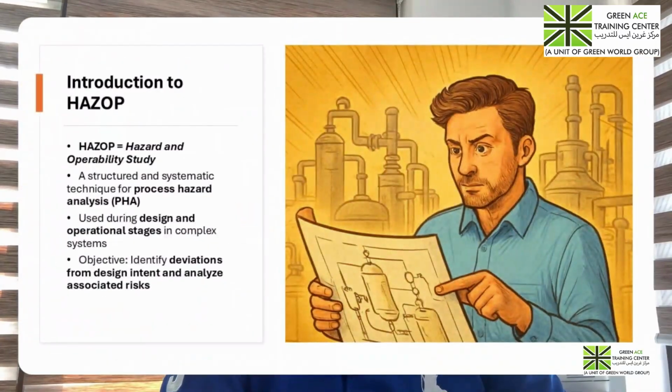This method is especially useful during the design phase of a system, and it continues to be beneficial throughout the entire operation. The core objective of HAZOP is to identify deviations from its intended design, basically situations where the process might not work as planned.